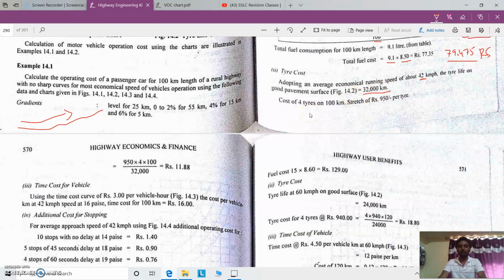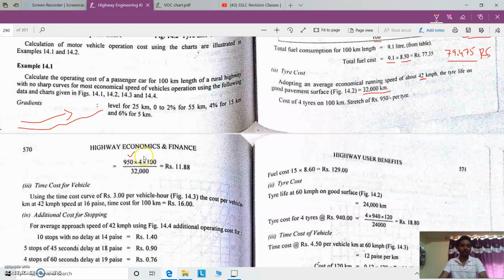So now we know that the total life of each tire is 32,000 kilometers, and the total cost of 4 tires, each costing about 950 rupees. We need to consider how much total cost is involved per kilometer.